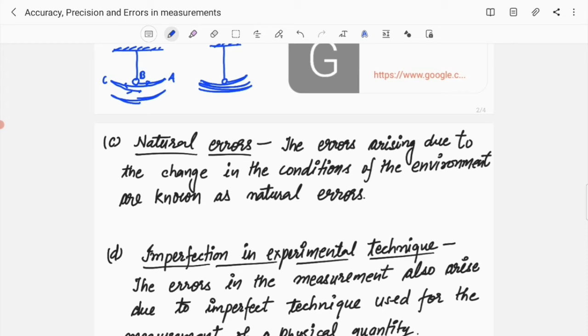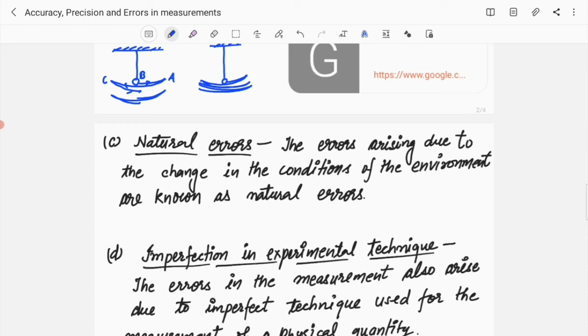We know that the temperature difference will be very high at both places, especially in summers. So if one student is performing in plain areas, the temperature will be higher, and because of that the resistance of the wire will be greater.